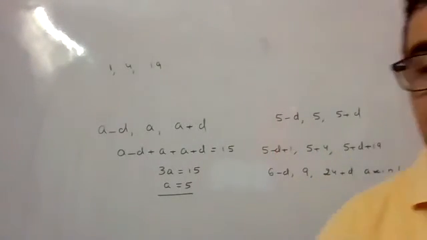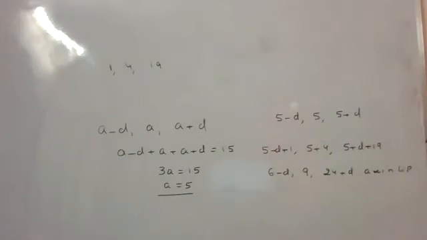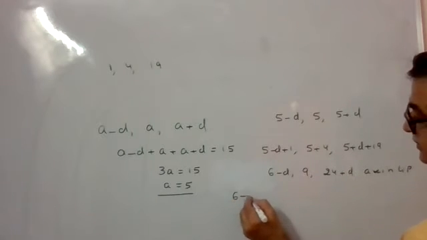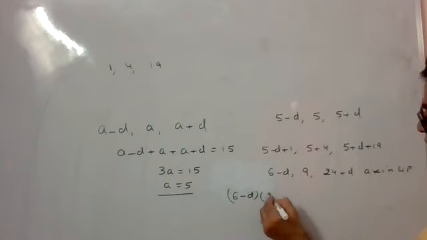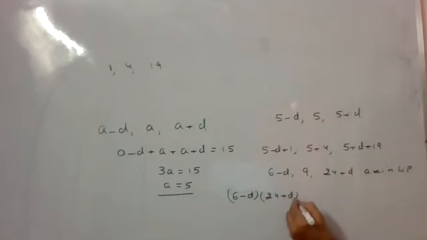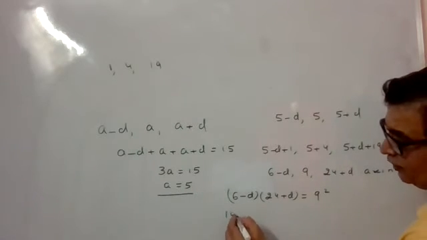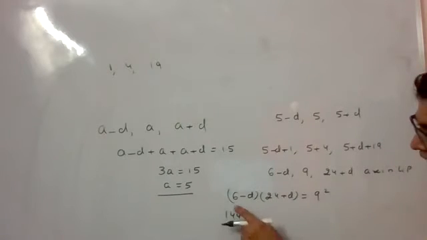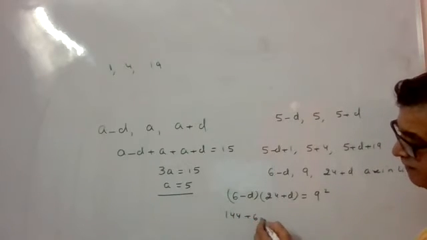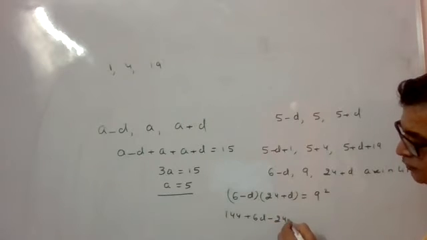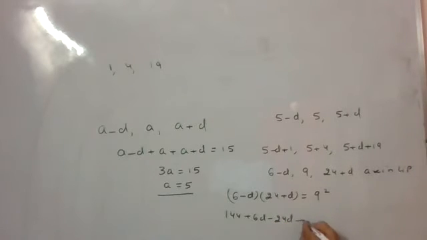If they are in GP, now you can use the property. This into this will be 9 square. So I write down (6 minus d) into (24 plus d) comes out to be 9 square. 24 into 6, is it 144? Yes. Then plus 6d minus 24d minus d square will come out to be 81.